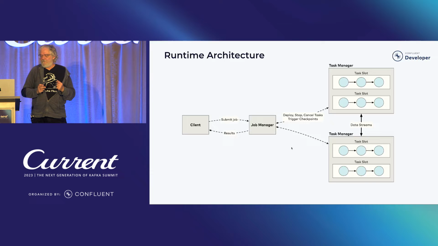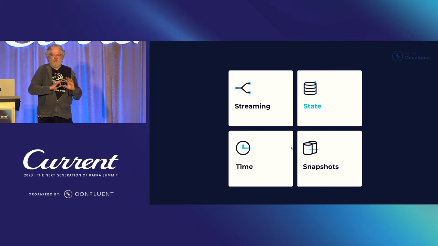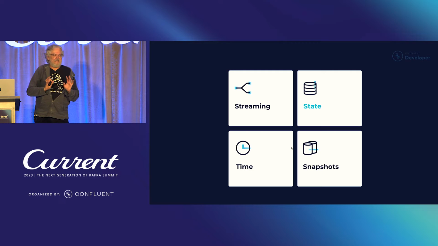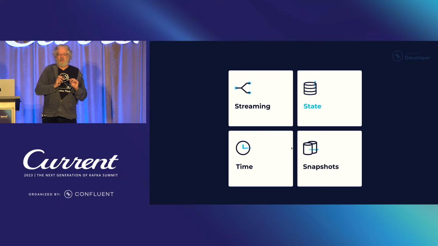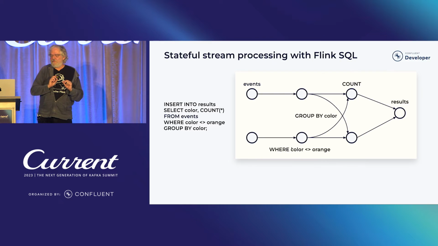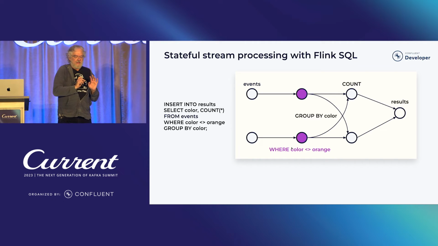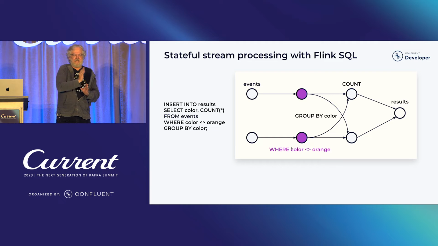Okay, that was a quick introduction to the streaming world as Flink sees it. Now let's talk about the role of stateful stream processing. So looking at the application we were just talking about, if you think about the various stages in this pipeline, the first significant stage was the filter.